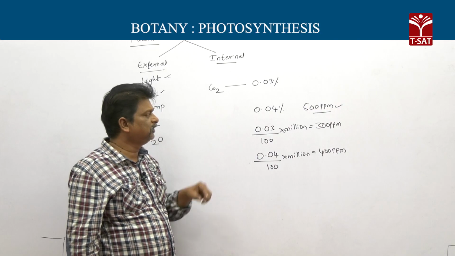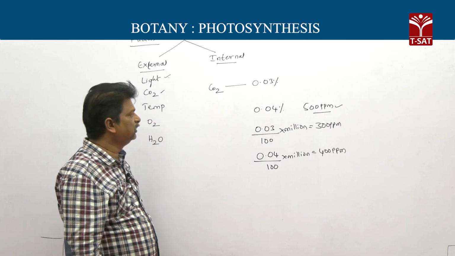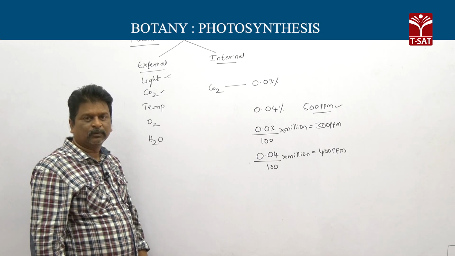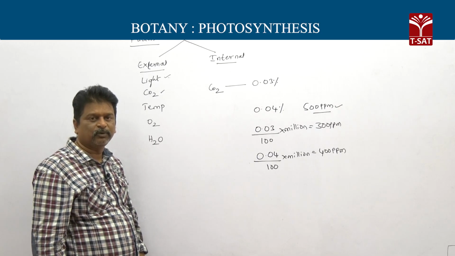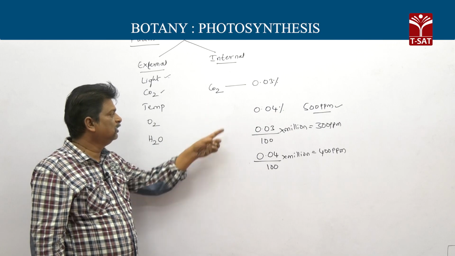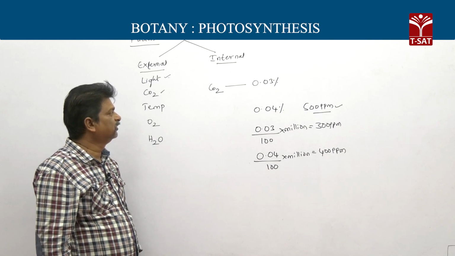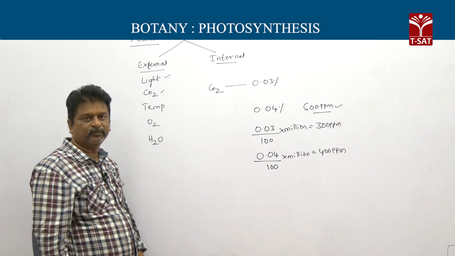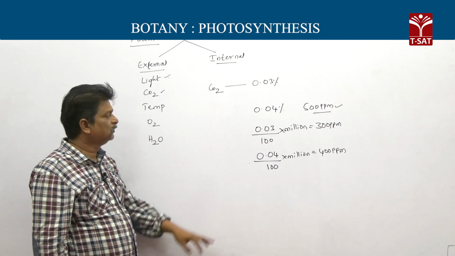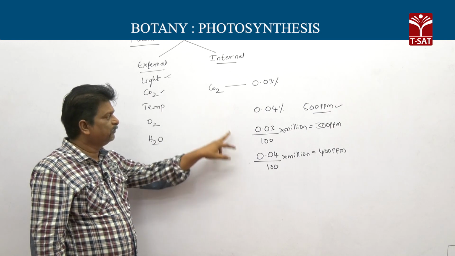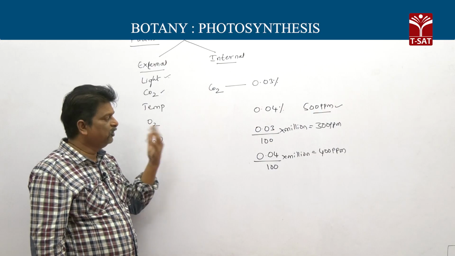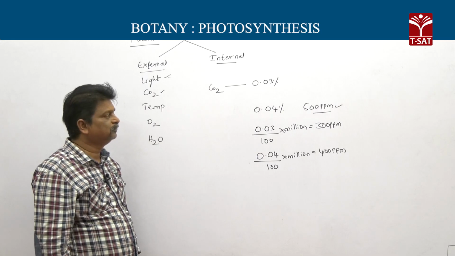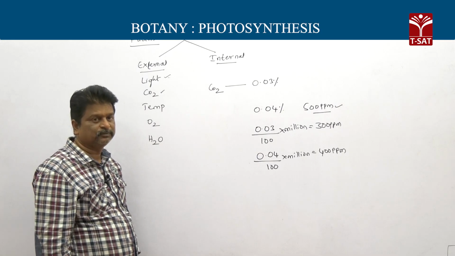Beyond that, carbon dioxide becomes toxic to the chloroplast, and particularly the guard cells are affected, so stomata close, and the photosynthetic rate is decreased. That is one factor. Beyond that limit, it becomes a limiting factor and also reduces photosynthesis.